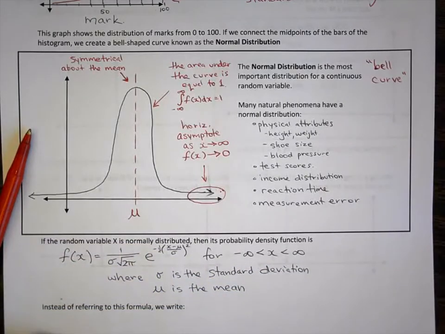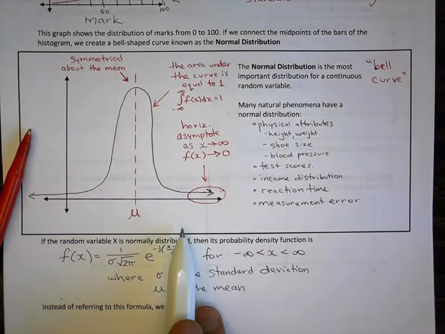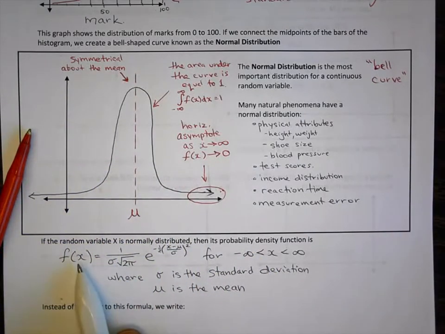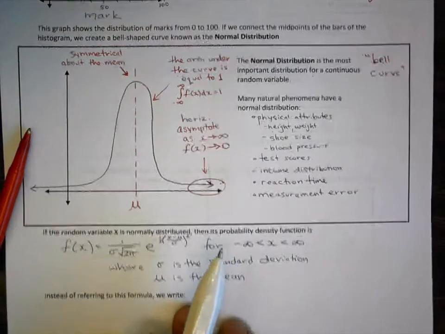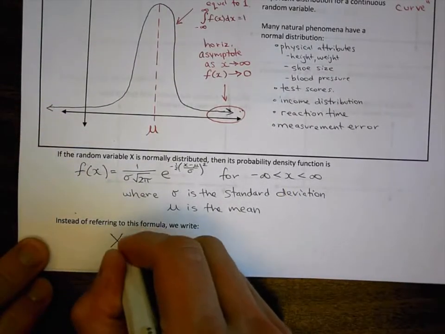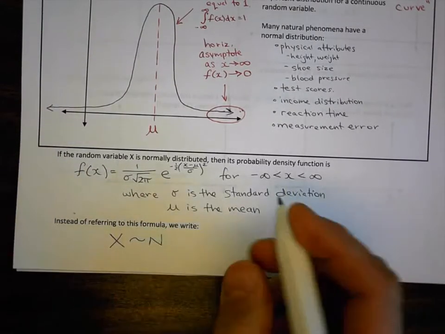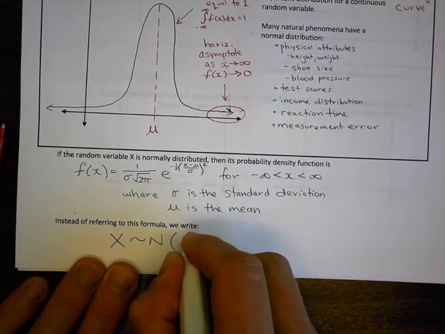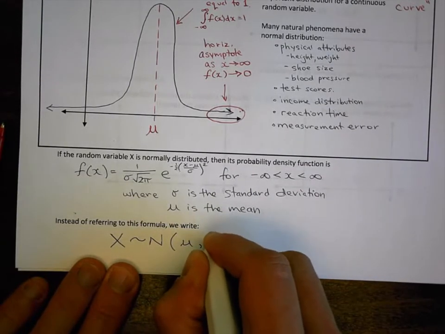So what we're going to find is we're never really going to use this formula. I should put in your notes the definition of the math of where this comes from, but we're never going to use this formula. It's built into your calculator. What we are instead going to do is say that a random variable x follows the normal distribution with these parameters, mu and sigma squared.